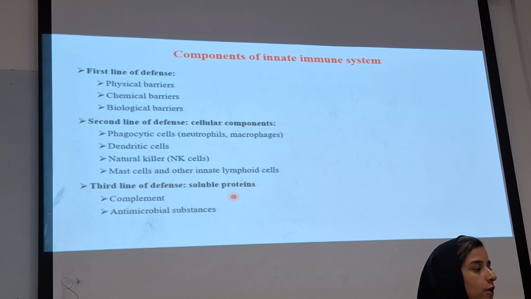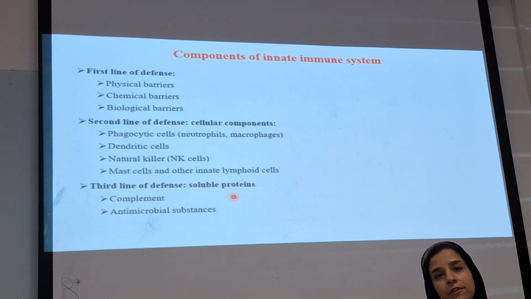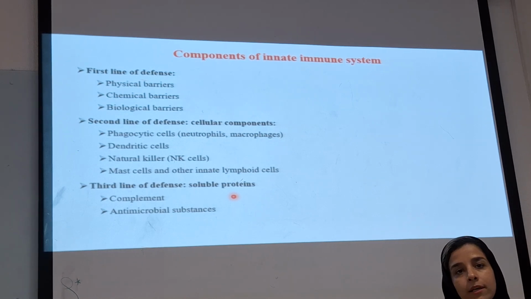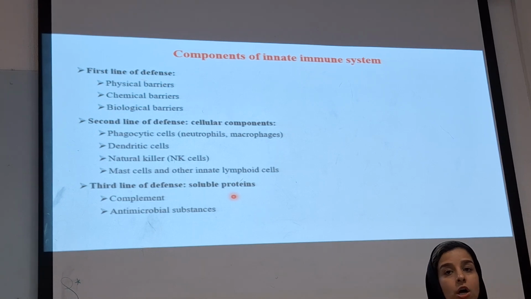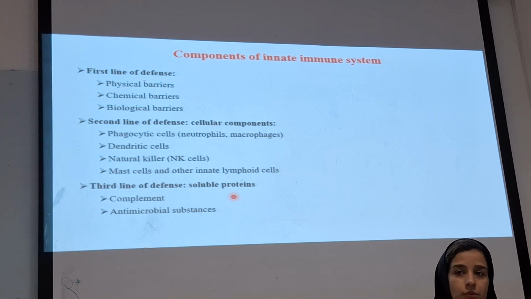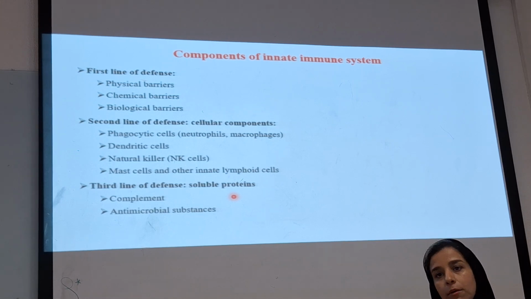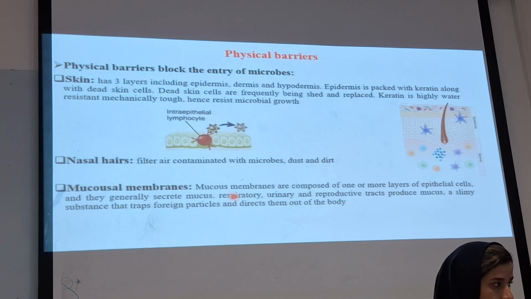All of these three lines of defense, as components of the innate immune system, collaborate with each other to protect us against pathogens, to control the spread of the pathogen to other sides of our body, and to introduce them to the adaptive immune system.